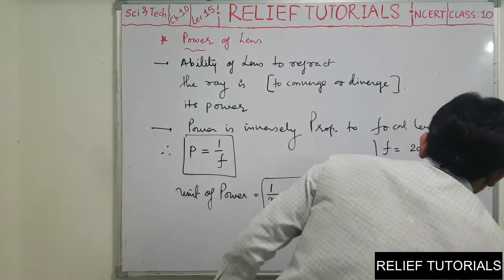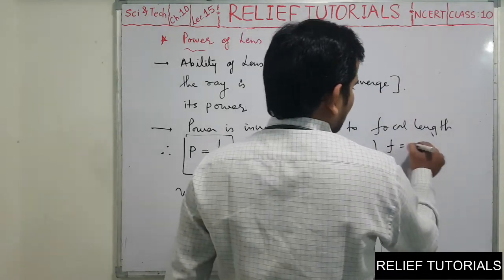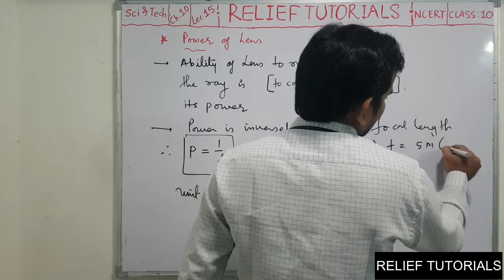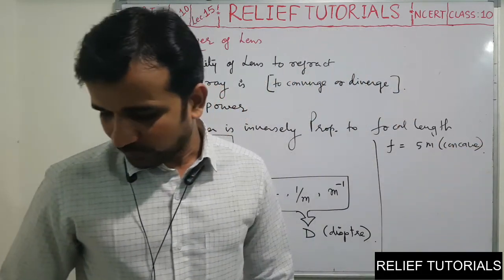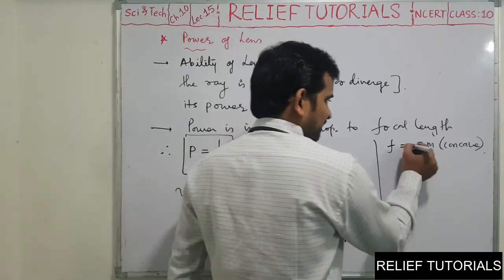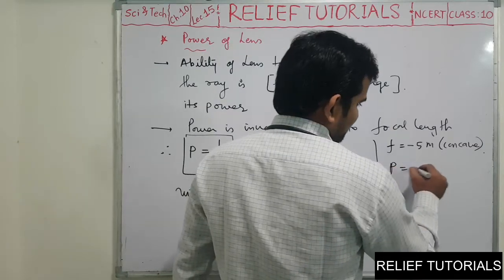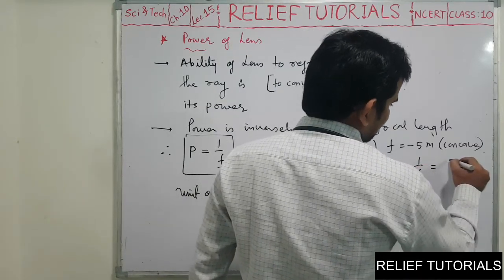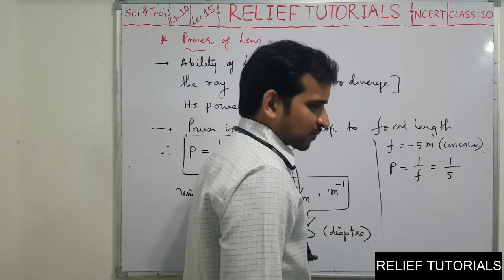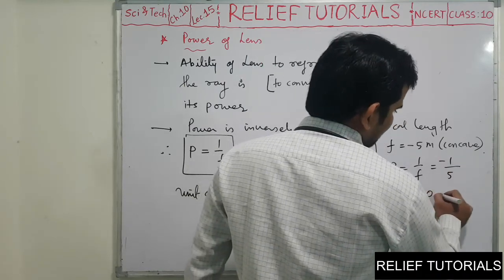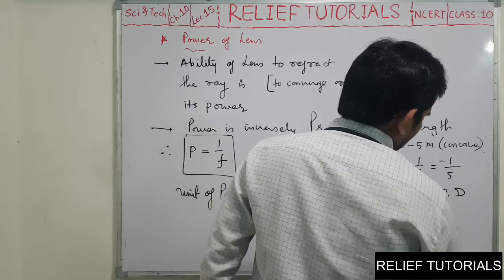If I say I have a concave lens having a focal length of 5 meter. Now when we have a concave lens, we know that the focal length of a concave lens is always taken as negative. So power P is equal to 1 by F, that is 1 by minus 5, which is minus 1 by 5. Now minus 1 by 5 means minus 0.2 diopter.